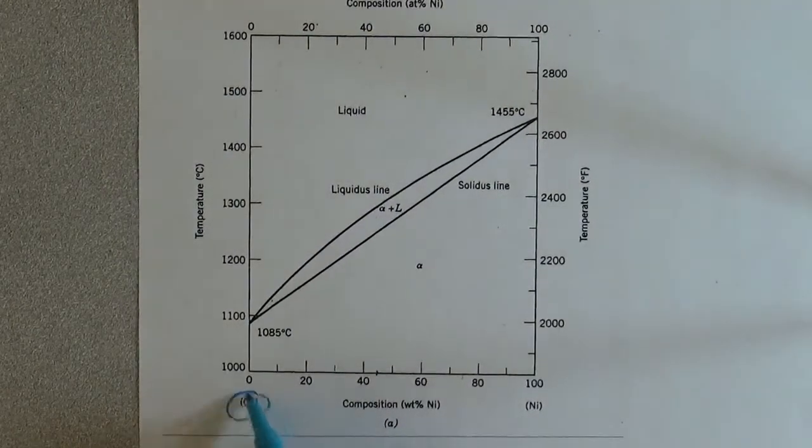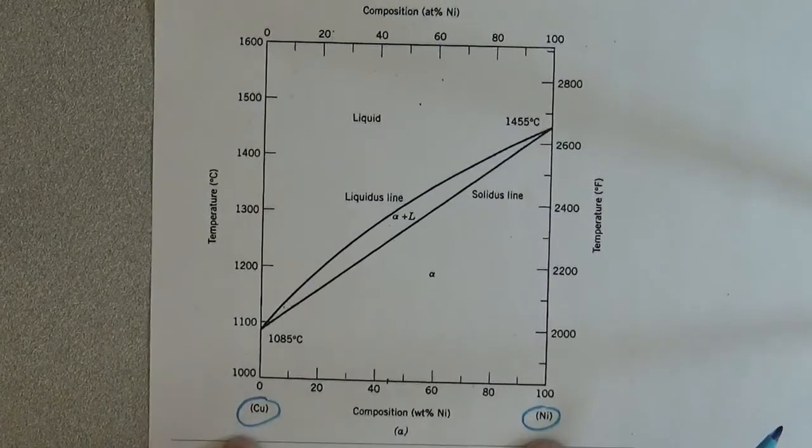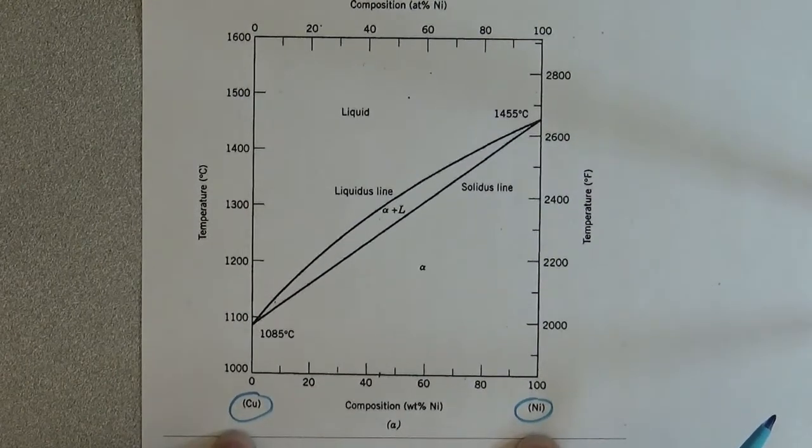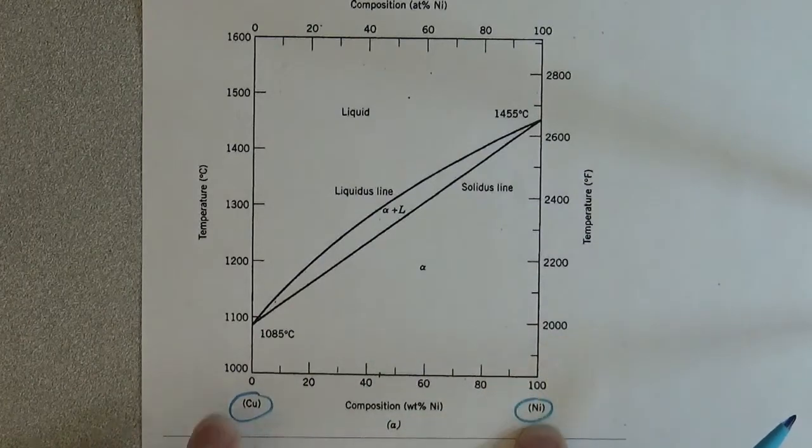It's copper and nickel. So being isomorphous means that these two have the same crystal structure, and they have very similar size, or I should say sufficiently similar size, that they form a continuous solid solution from 100% copper to 100% nickel.